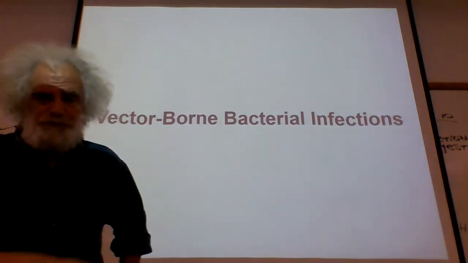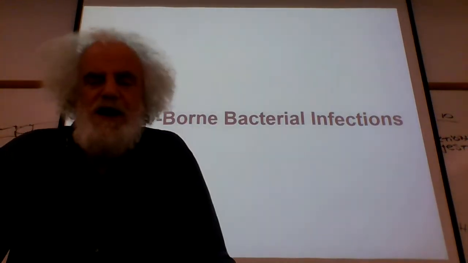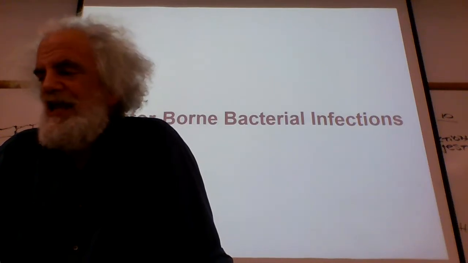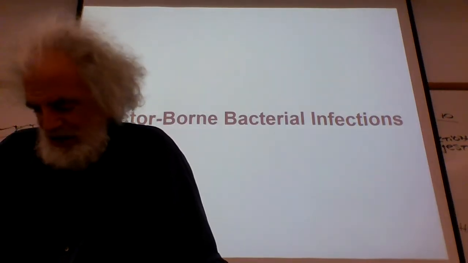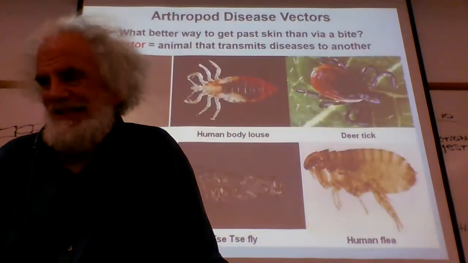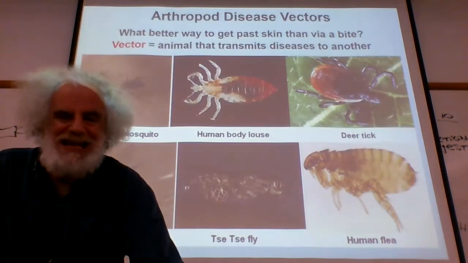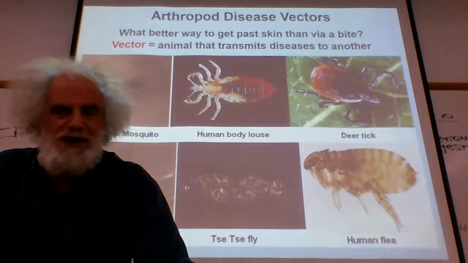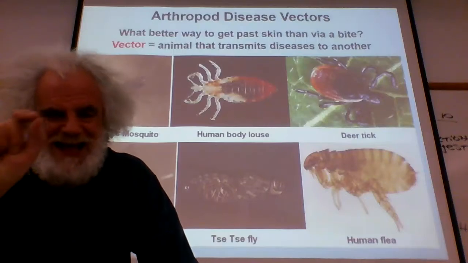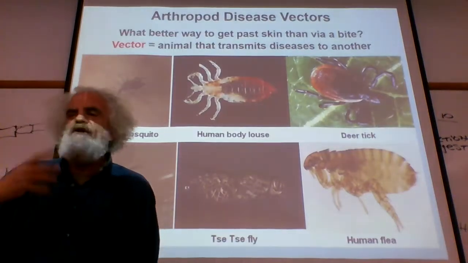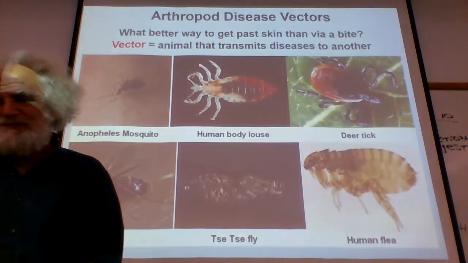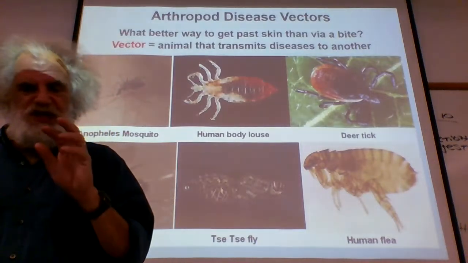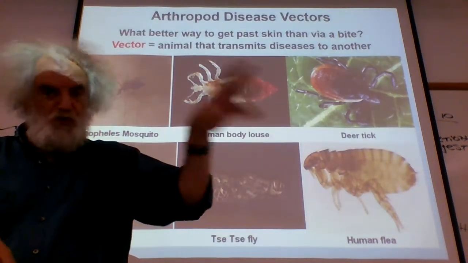All right, we're going to stop here, and we'll get into vector-borne bacterial infections, things like insect bites. What better way to get past the skin than a little insect bite? So the vector is the animal that transmits the disease to another organism.